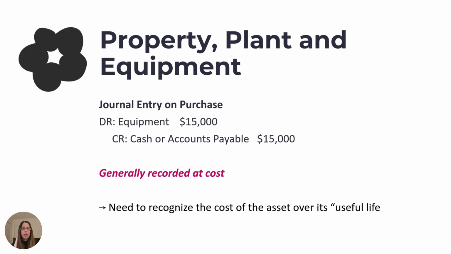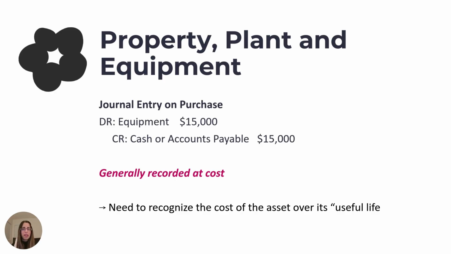The journal entry on the purchase of property, plant, and equipment is pretty straightforward. When you purchase an asset, so let's say we bought equipment for 15,000, you just want to debit equipment for 15,000 and then credit cash or accounts payable for the same amount. So generally, we will record this at cost. Now, I'm not going to go into this topic in too much depth because it will be covered in a later video, but there are some other costs that will be included in the initial purchase.